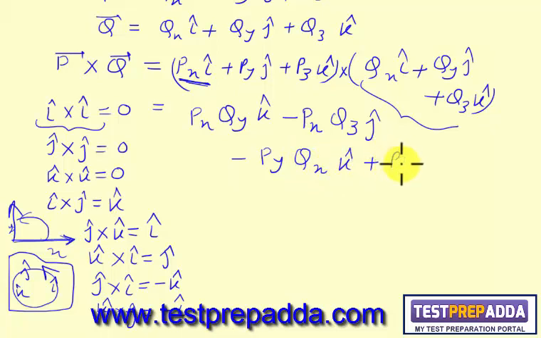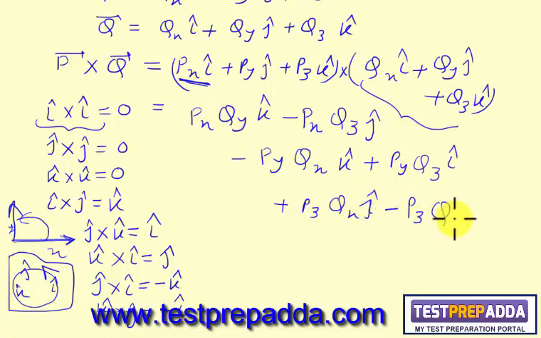Similarly, I'll write Py Qz I cap plus Pz Qx j cap minus Pz Qy I cap. And when k and k multiplied, you'll get 0.